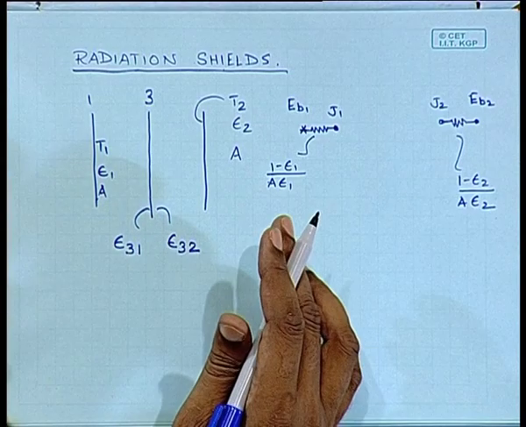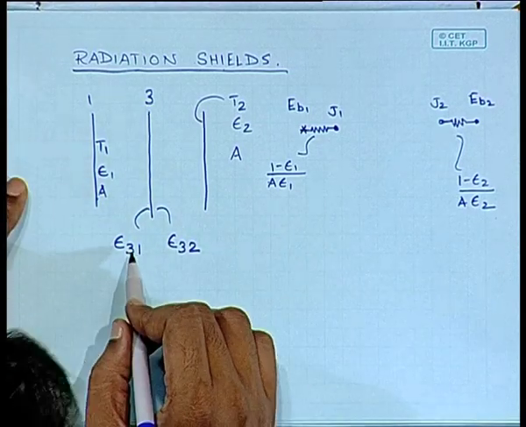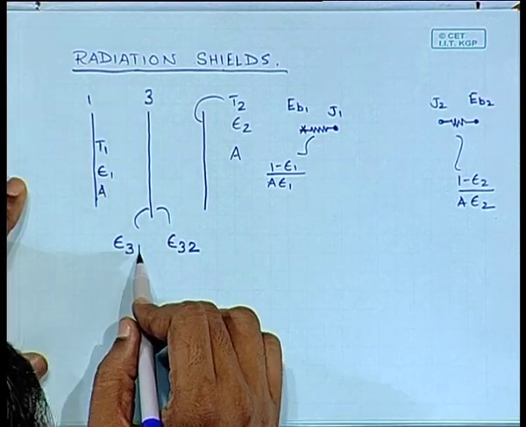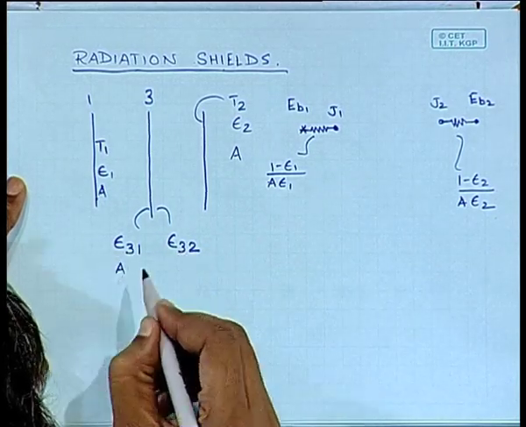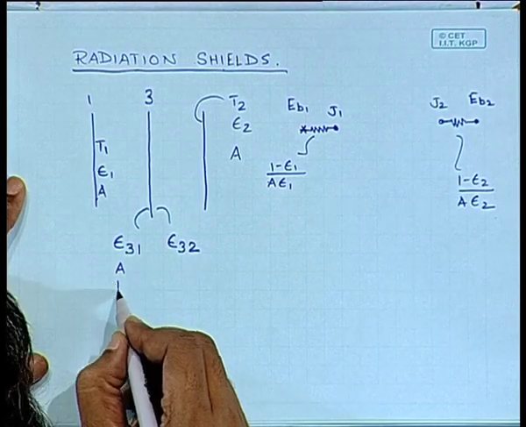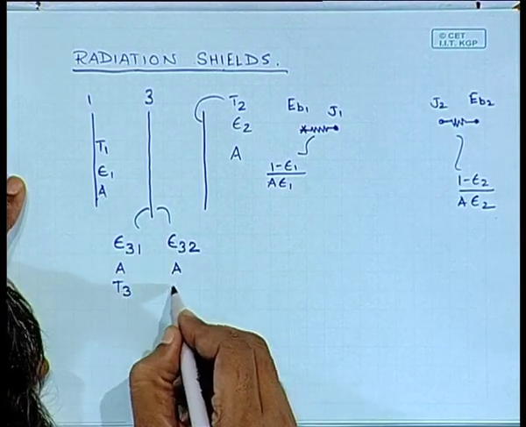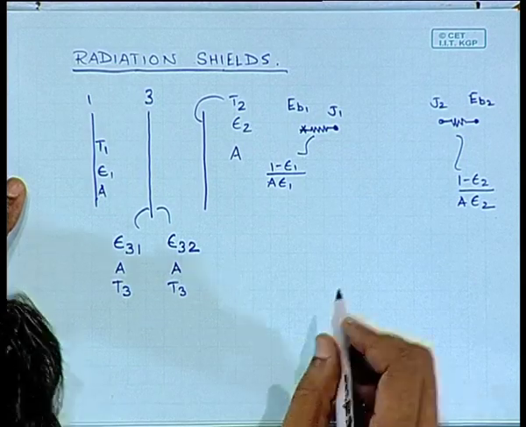These are two different emissivities, the emissivity of surface 3 facing 1 and 3 facing 2, and the area is the same and the temperature is the same, some unknown T3.